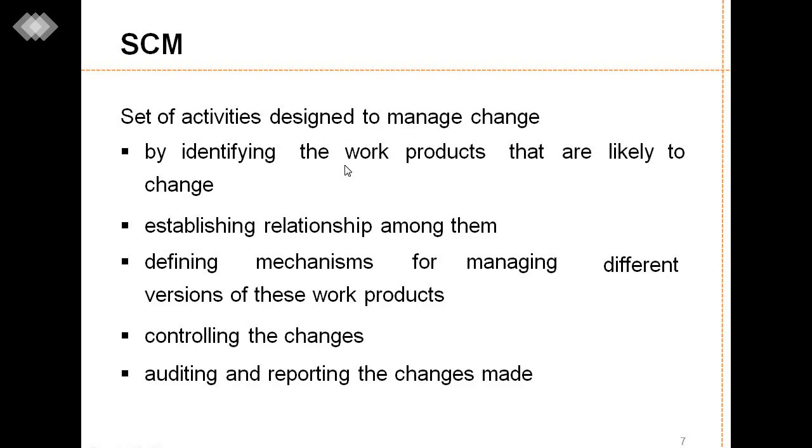So it is a set of activities designed to manage change by identifying the work products that are likely to change, establishing relationships among them, defining mechanisms for managing different versions of these work products, controlling the changes, and auditing and reporting the changes made.